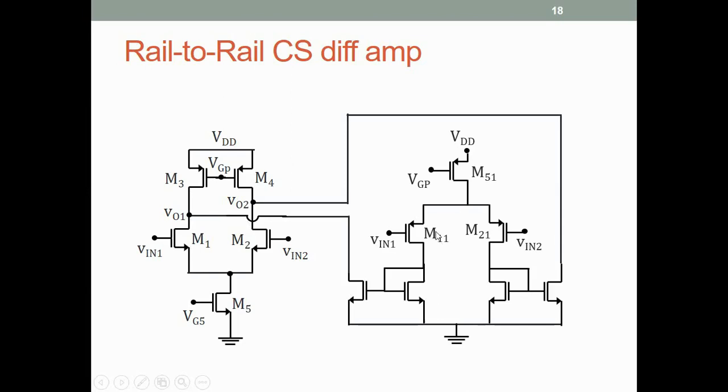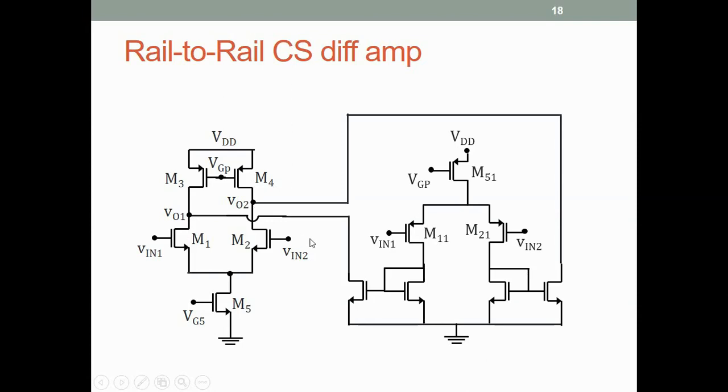If there is an AC current here, that AC current flows through M3 also, along with the AC current of M1. So the current in M3 is the AC current of M1 plus the AC current of M11, and therefore the output voltage is proportional to GM times Vin of M1 and GM times Vin of M11. So this circuit also provides rail-to-rail operation.